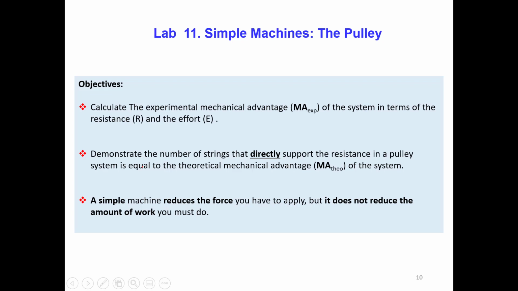You will demonstrate that the number of strings that directly support the resistance in a pulley system is equal to the theoretical mechanical advantage of the system. And you will also see that a pulley system, or simple machines in general, reduces the force you have to apply, but it doesn't reduce the amount of work you must do.